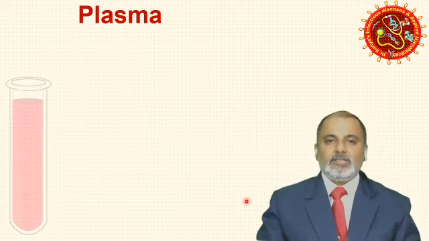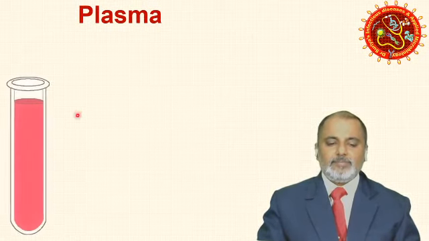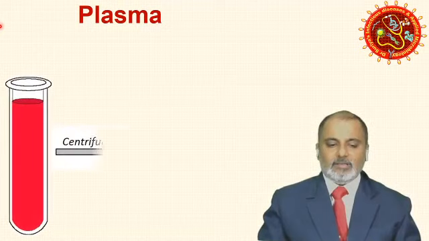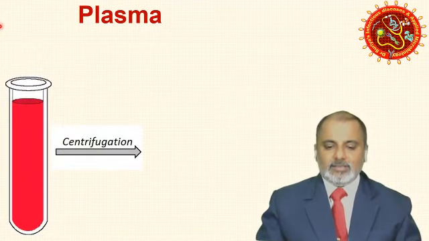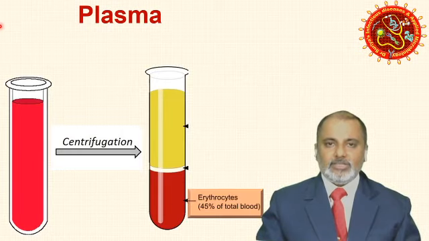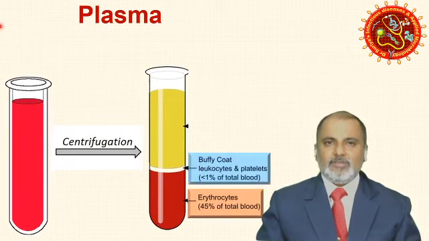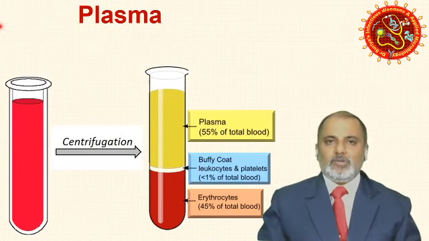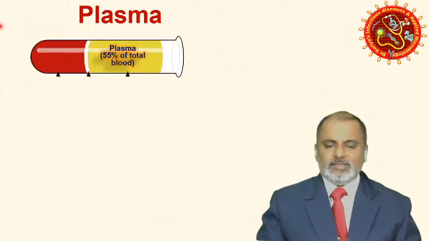Next is plasma. If you centrifuge the blood, then we have three layers. The bottom is erythrocytes, RBC, next is the buffy coat, and next one is plasma. So what does this plasma contain?